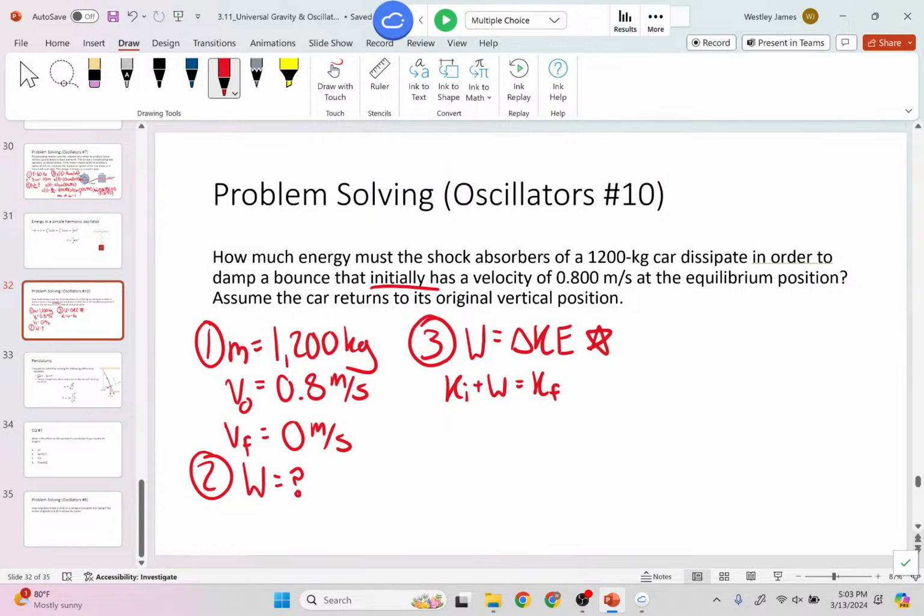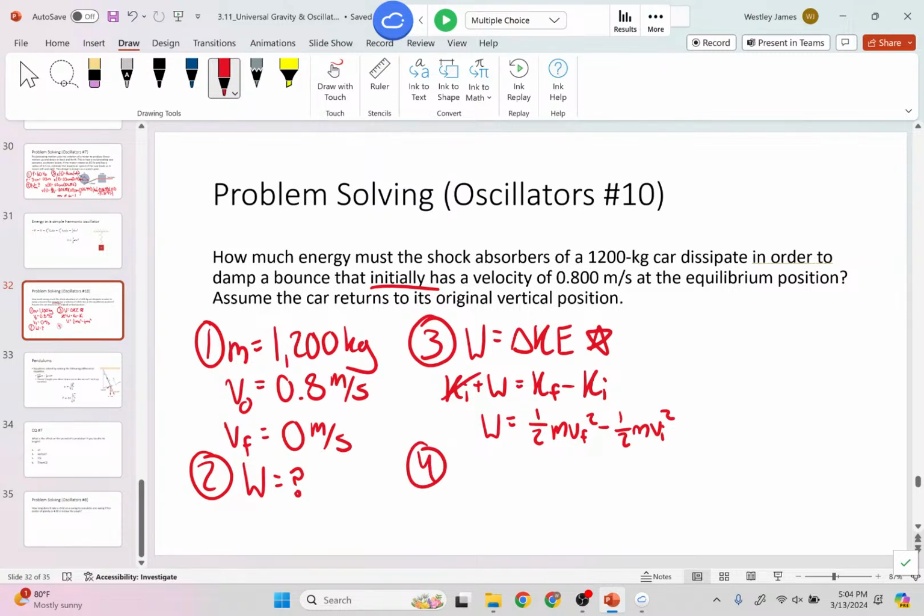If you just rearrange this equation, look at that, it's the same thing. So conservation of energy is where the work-energy theorem comes from, or vice versa, depending on your perspective. So long story short, this problem's really easy. Work equals 1/2 m v final squared minus 1/2 m v initial squared.